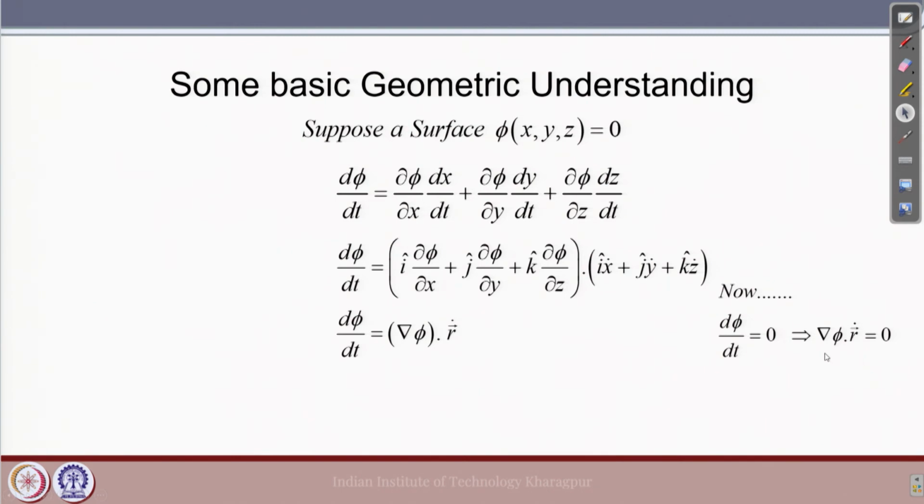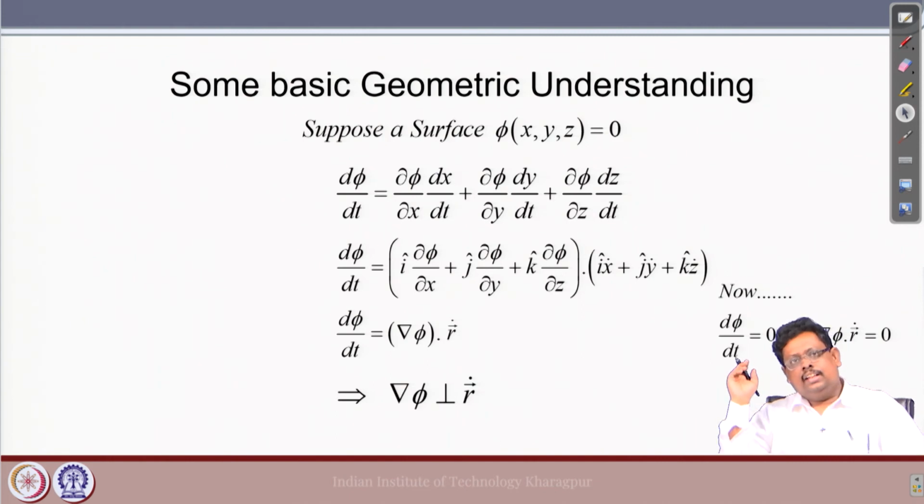Now, you see from the vector, what we get from here means that grad phi is a vector and r dot is a velocity vector, and their dot product is 0. Therefore, grad phi is definitely perpendicular to r dot.